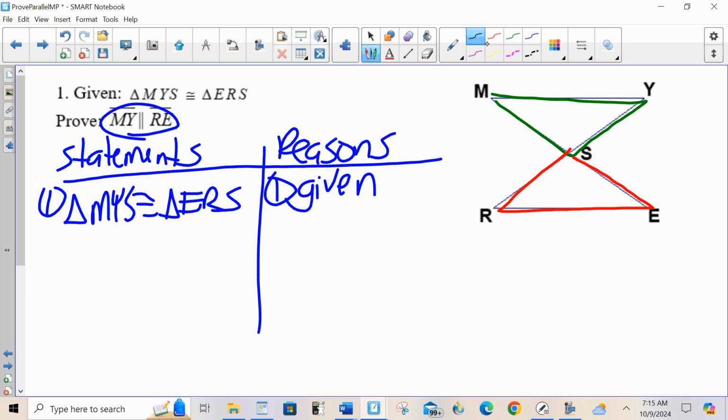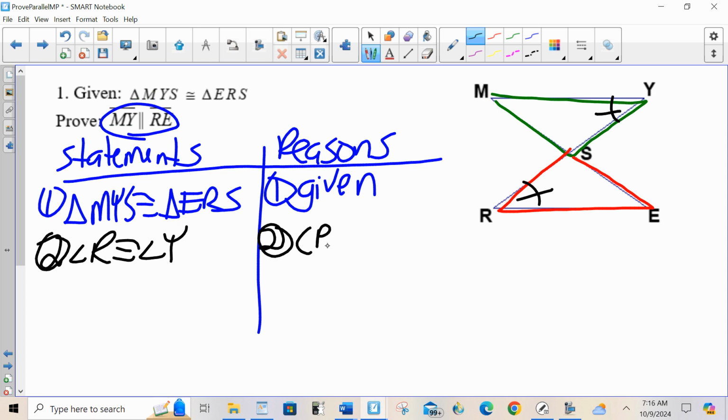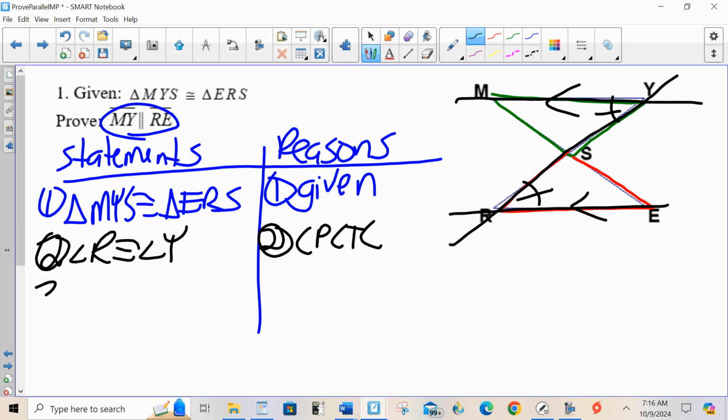So since these triangles are the same, by CPCTC, I can state that angle R is congruent to angle Y. Now, since angle R and angle Y are alternate interior angles, if the alternate interior angles are congruent, that makes the lines parallel. So I can state that MY is parallel to RE, and it's the same reason as the other direction.